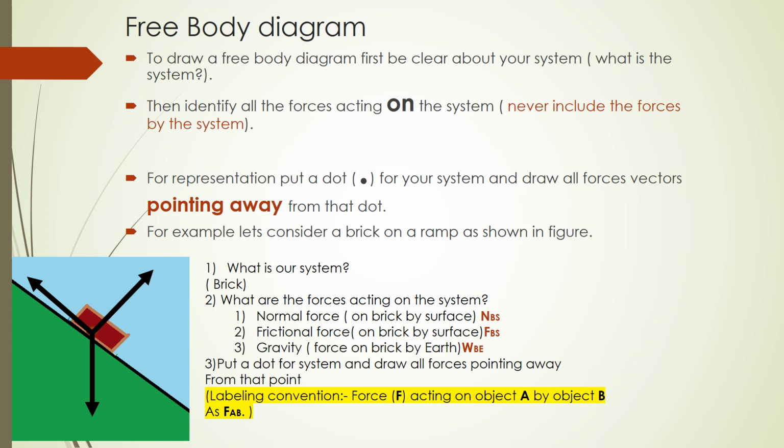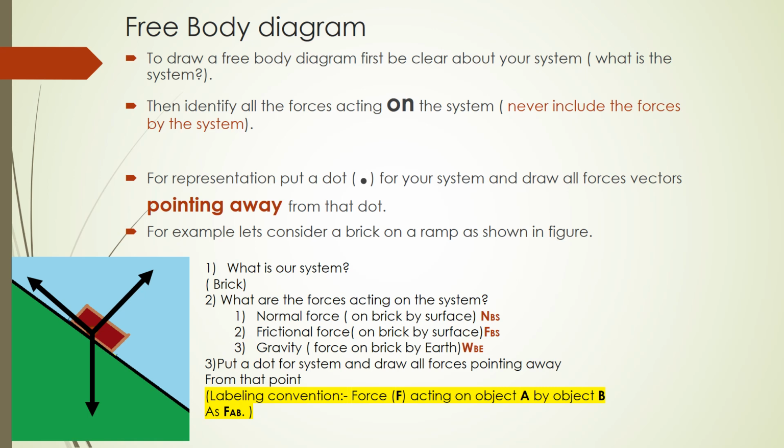Now notice the labeling convention that you have a force acting on an object A by an object B, known as F_AB. So here, we have N, which is the normal force on the brick, B, by the surface, S. Or the frictional force on the brick by the surface.